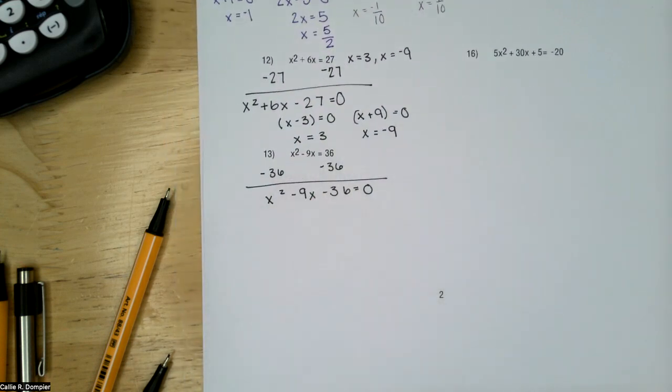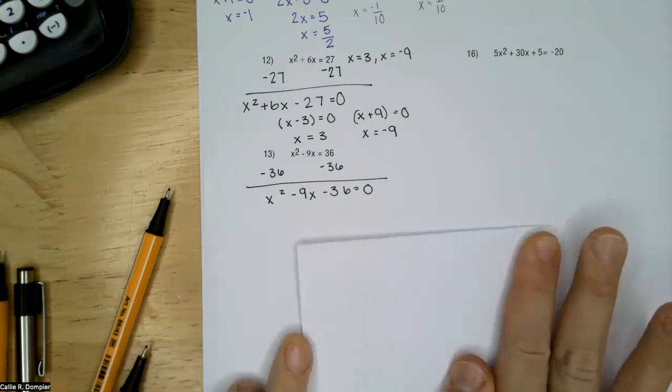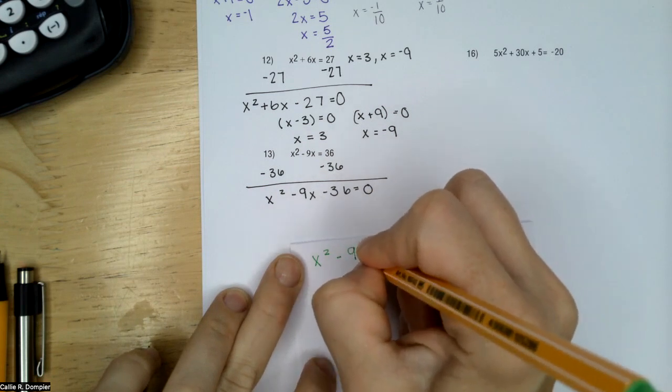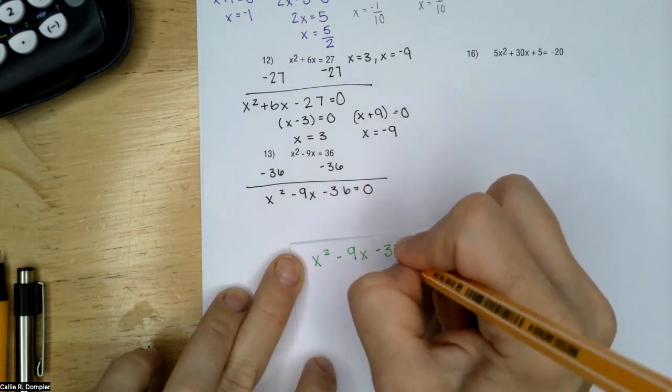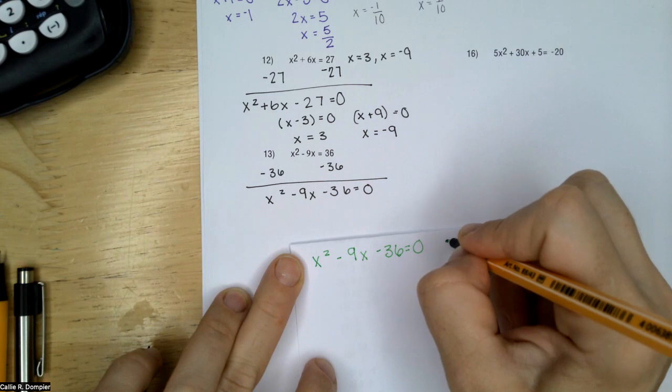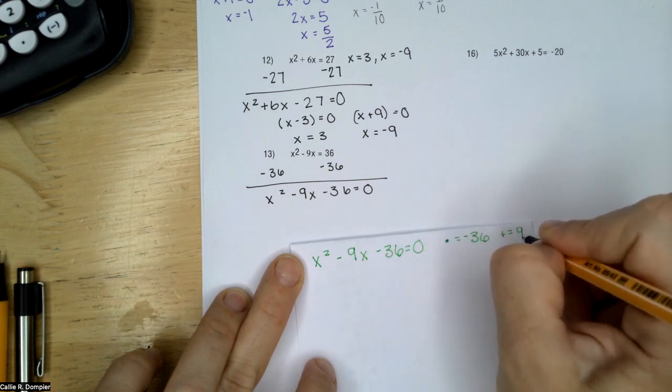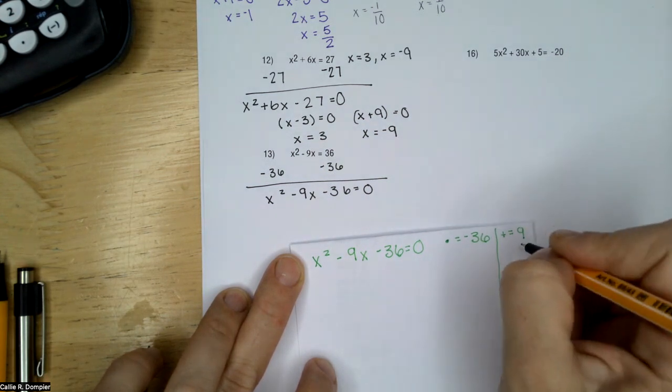Okay. Instead, we need it to multiply to equal negative 36 and add to equal 9. Oops, negative 9.